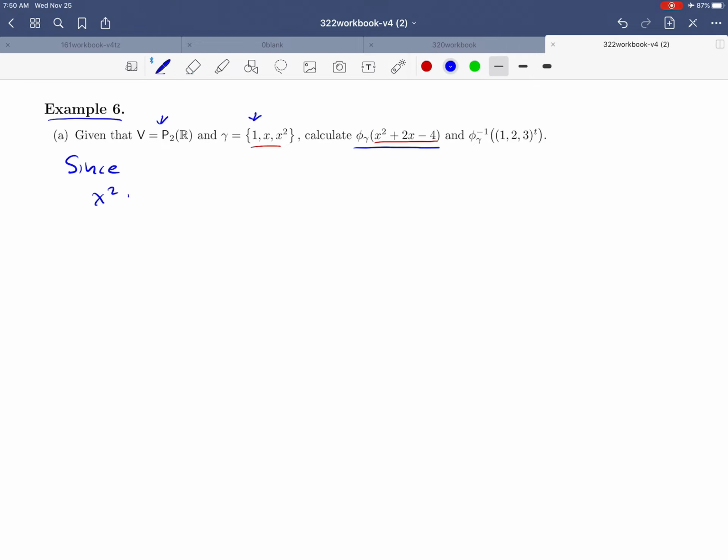It's like trying to fill in the blanks here. You can see that we need to fill in the blanks by putting a -4 here, a 2 here, and a 1 there. It's all about those three numbers. And so the standard representation of x squared plus 2x minus 4 is just the 3-tuple that consists of those coefficients that we circled.